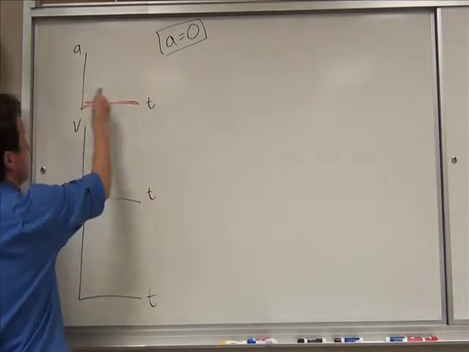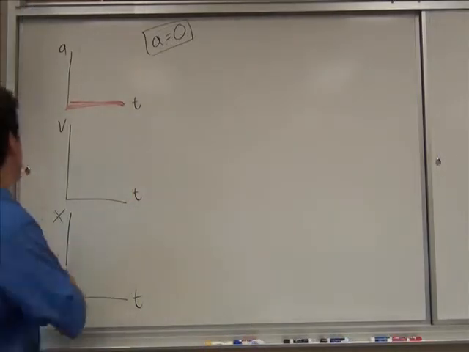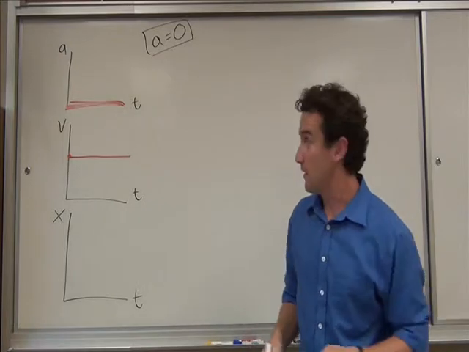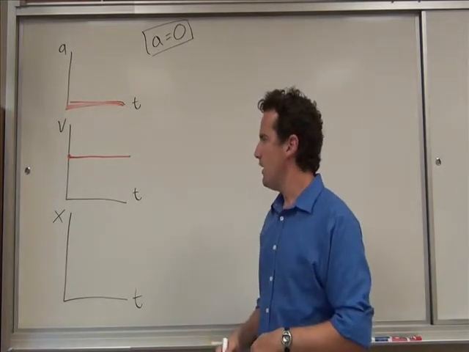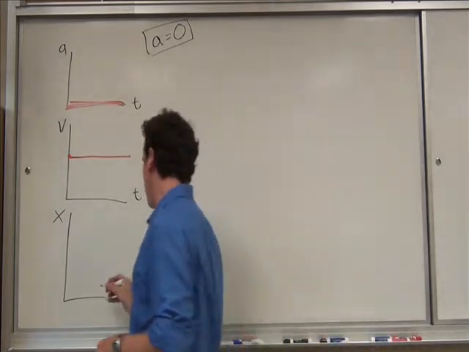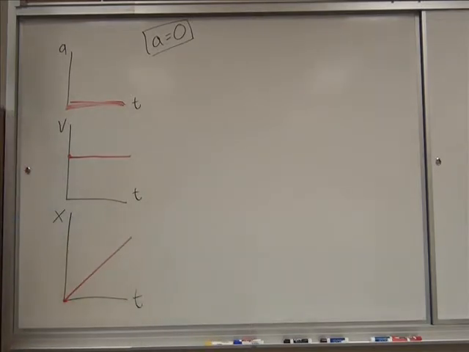Nothing we can do about that. The velocity, if the acceleration is 0, will be constant. Constant velocity, staying constant the whole time. No change. And here, if there's a constant velocity, then the position will change at a constant rate, like that.